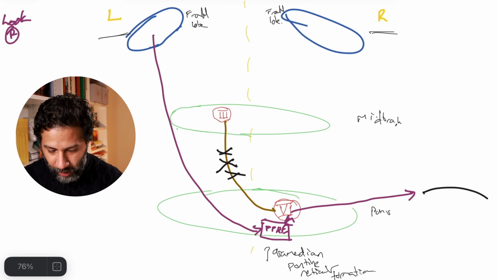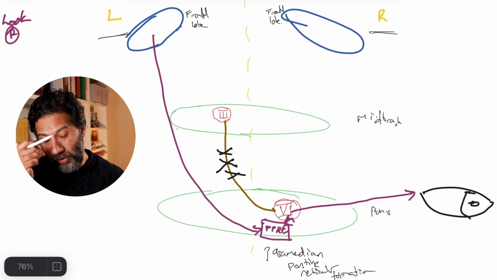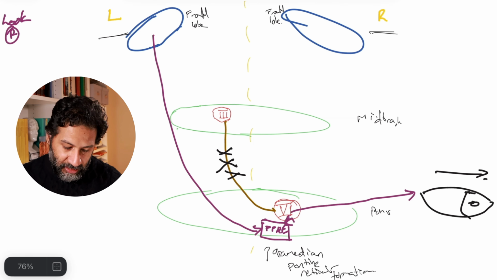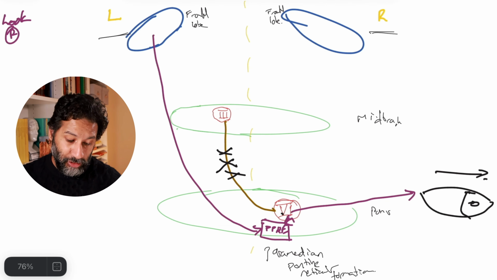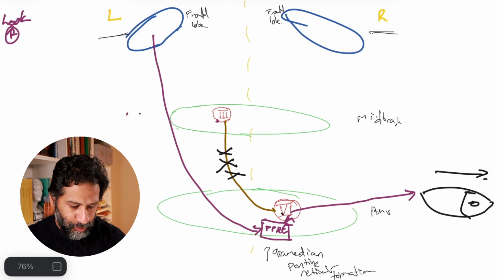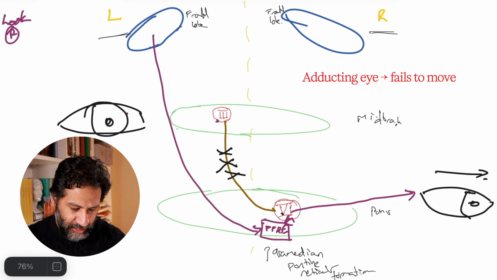And the right eye will do what? It will abduct. And it will look out. And it starts sending the signal to the opposite eye. But what happens at that stage? Nothing gets through. Nothing gets through at all. Because the signal doesn't come through, the left eye just stays exactly in the middle.